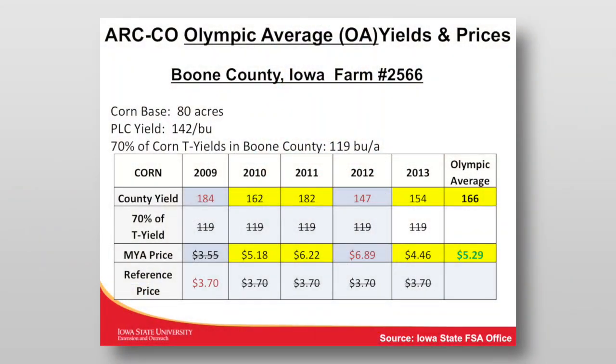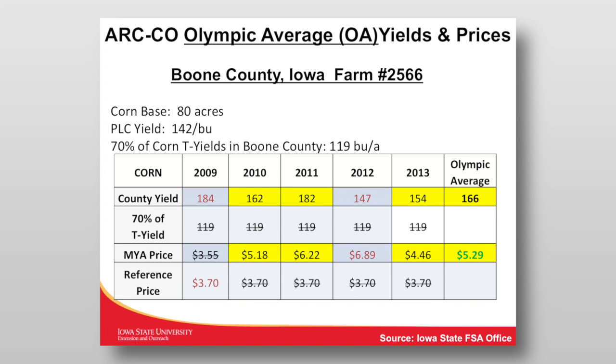The other program that I think will be very popular will be this county ARC, or ARC-CO program. Remember, ARC is a revenue-based program that only needs to be triggered by revenue, yield times price. It uses an Olympic average yield and an Olympic average price. For 2014, we'll use the most recent 5 years, 2009 through 2013. We'll throw out the high yield and the low price from 2009.